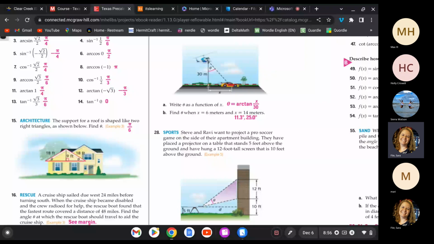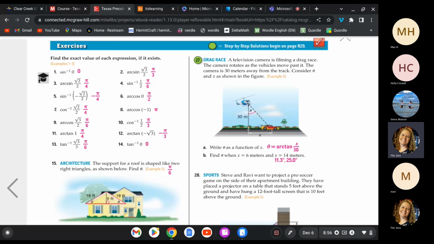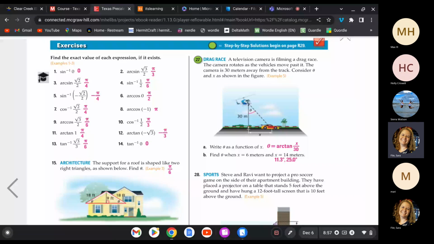Okay, so these are basic ones. Obviously I see the answers here because we're in the teacher edition. But you're just asking yourself when you see this, like on number 1, inverse sine of 0, that's asking where is sine's value 0 between negative pi halves and positive pi halves?